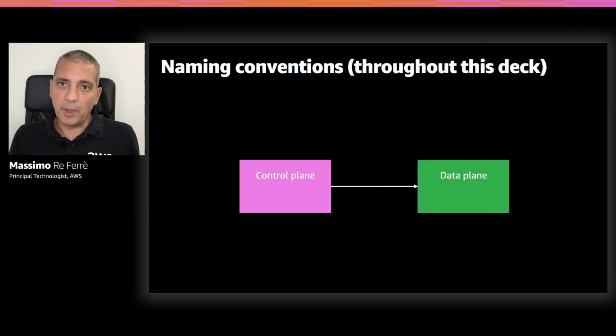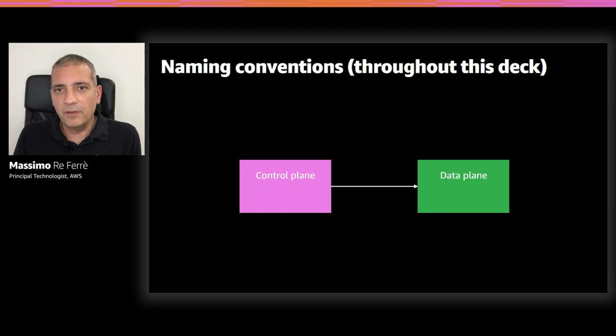So I kept talking about this notion of the data plane. Let's put some guardrails in terms of the naming convention that we're going to use for this presentation. Whenever we talk about containers and deploying containers on the cloud, we're talking about two big buckets or elements or technologies, so to speak. We're talking about the control plane and we're talking about the data plane.